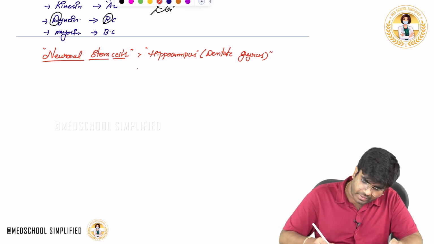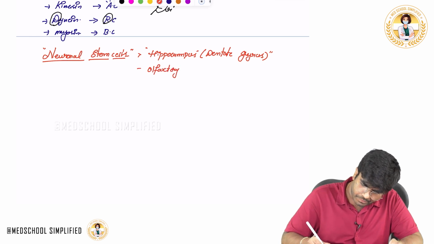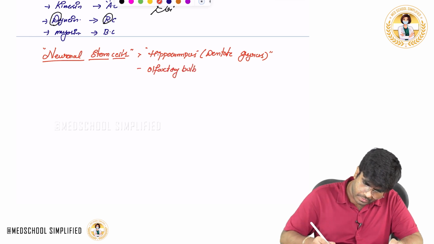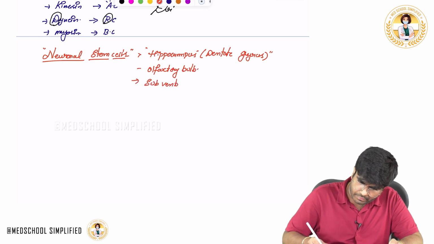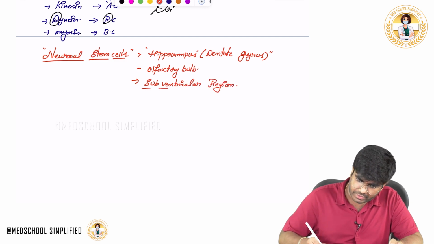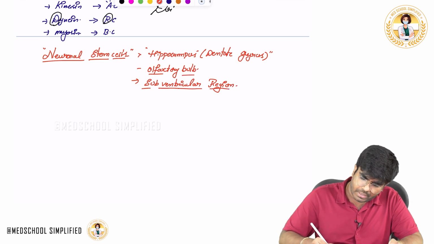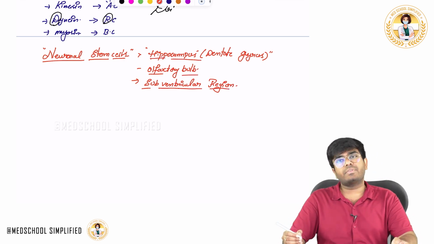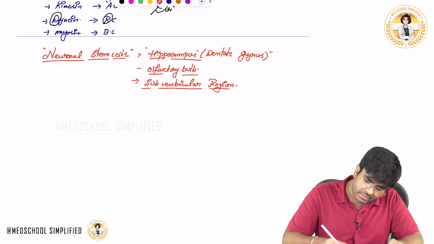Not only here, olfactory bulb and subventricular region. Okay, in this area, subventricular region, olfactory bulb and hippocampus, these are the areas where you can find the neuronal stem cells, and this is a question.